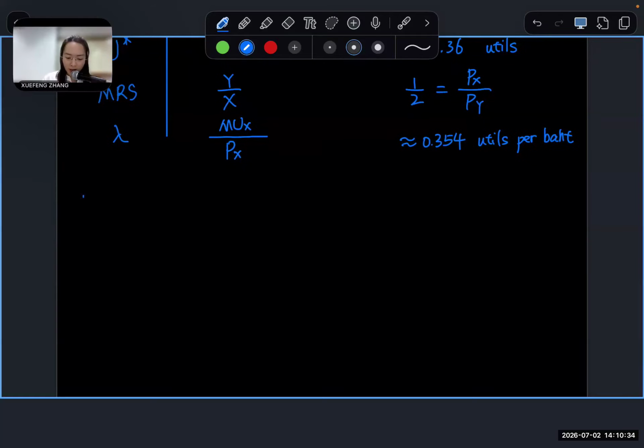So the Lagrangian method equals: merge utility and budget into one equation.